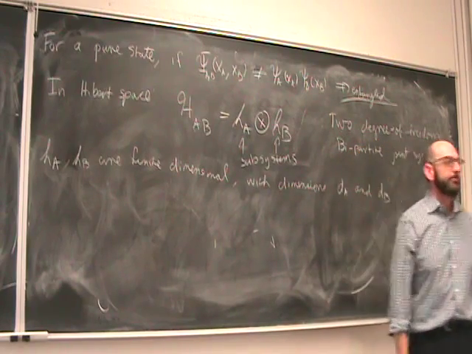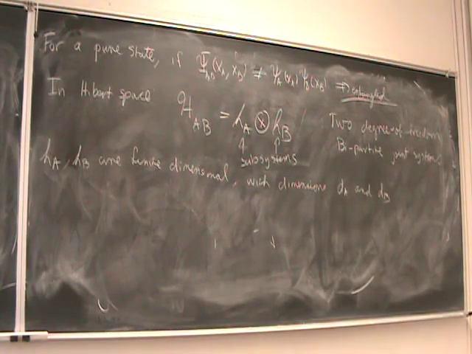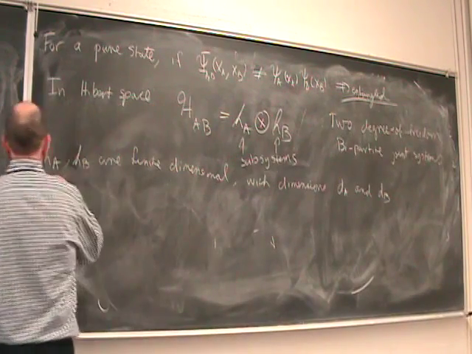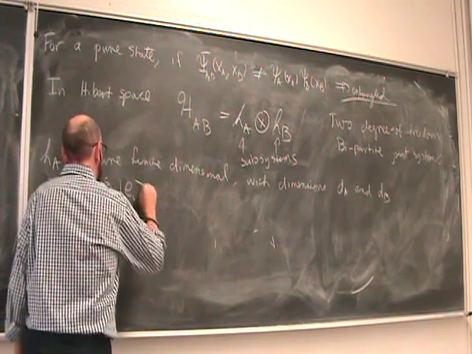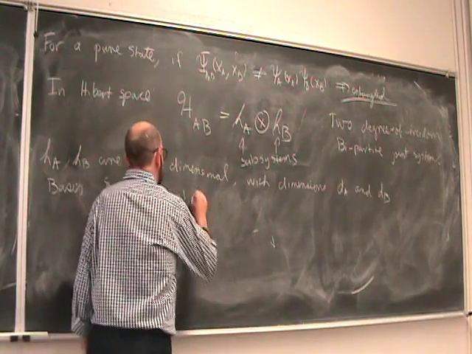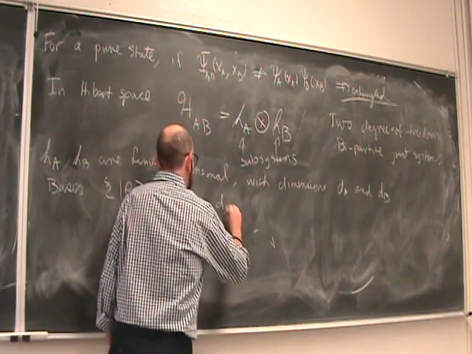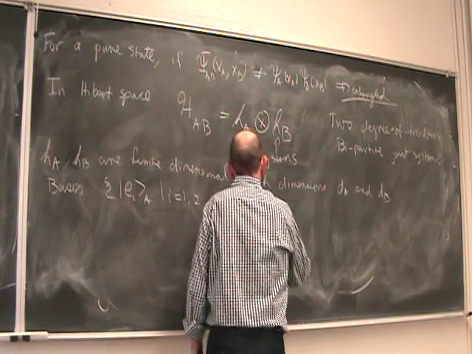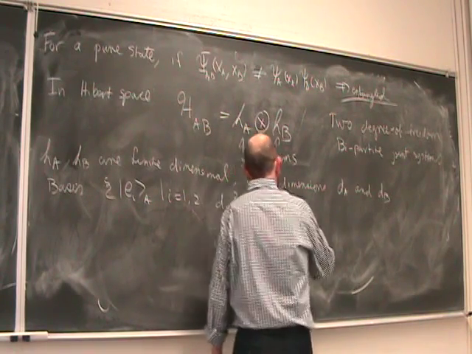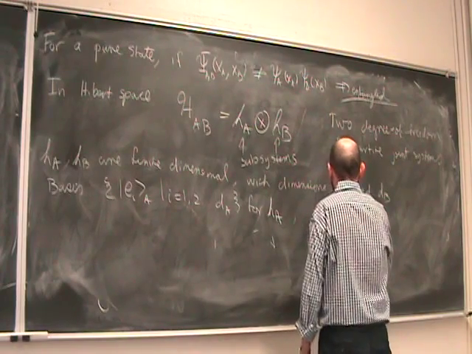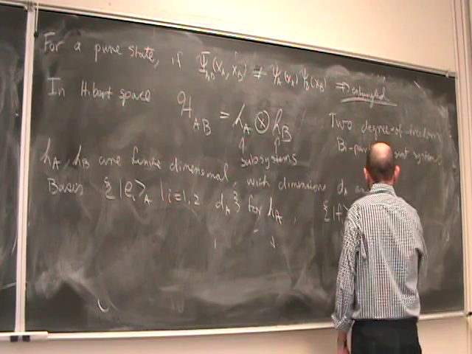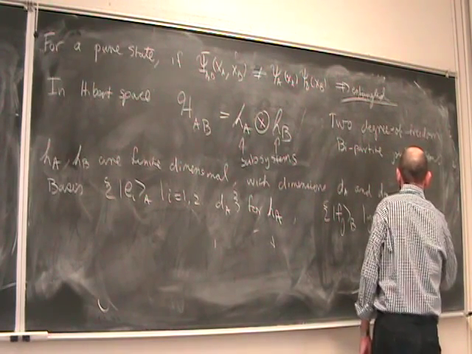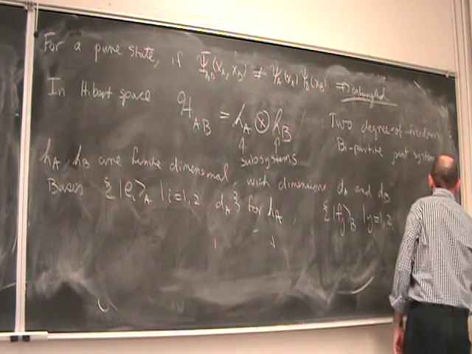They may not be equal. So we would have a basis for Hilbert space A and a basis, I'll call it F, for Hilbert space B.